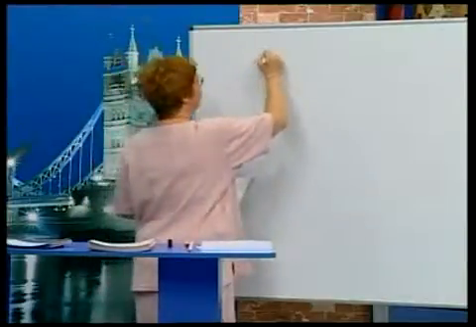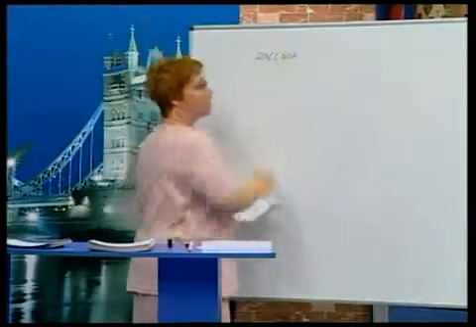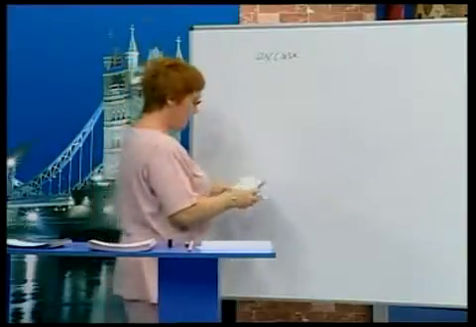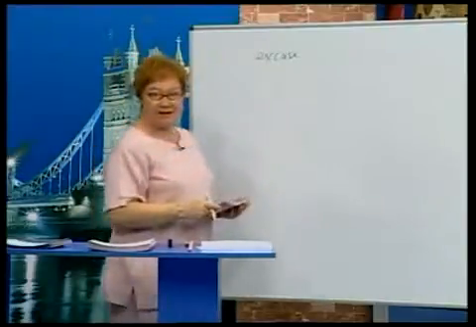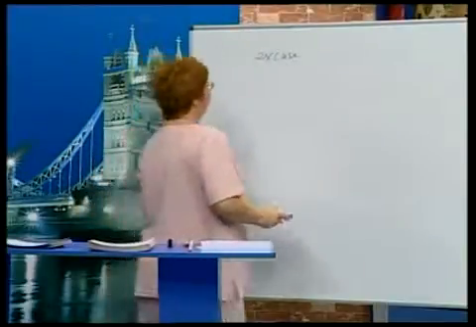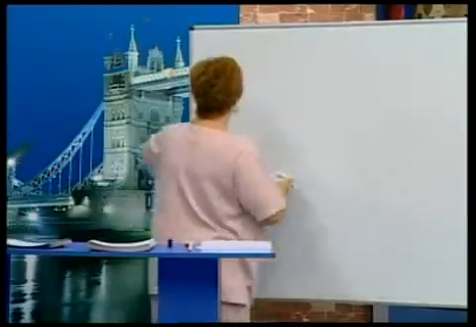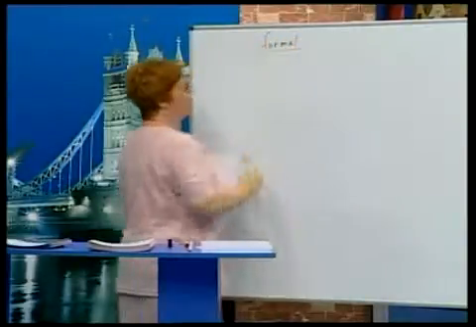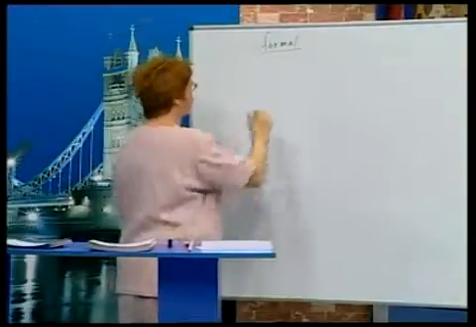An excuse is a reason that we can't go. Okay? Now, let's look at some ways to say no politely. Now, first we'll start with some formal ways. And here are some examples.